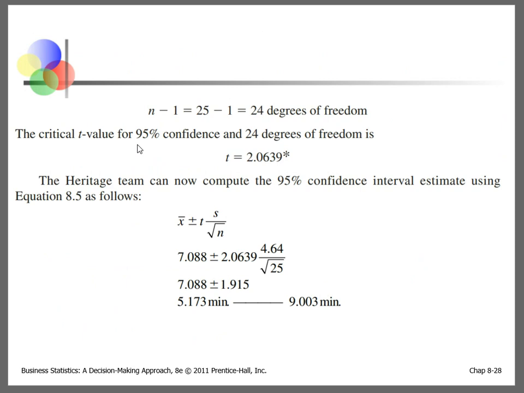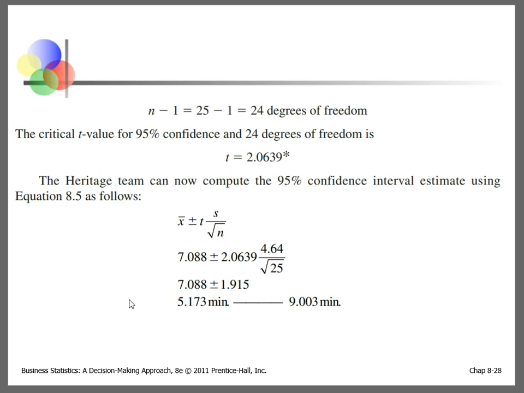We need to get the critical t value with 95% confidence level from the t distribution table that was presented earlier with 24 degrees of freedom, which is equivalent to 2.0639. The Heritage team can now compute the confidence interval estimate using equation 8.5 as follows.